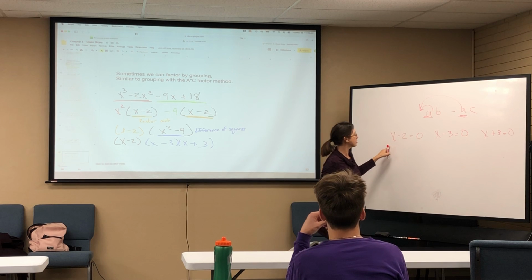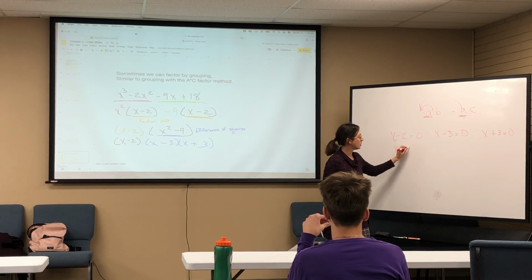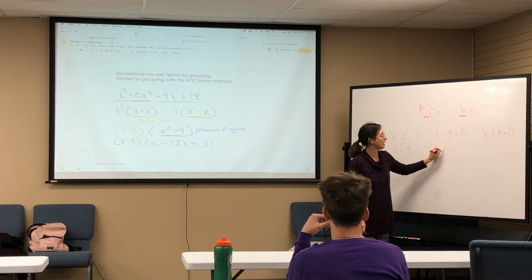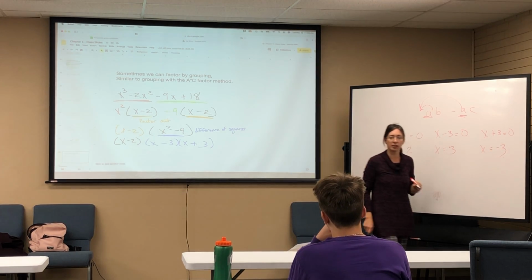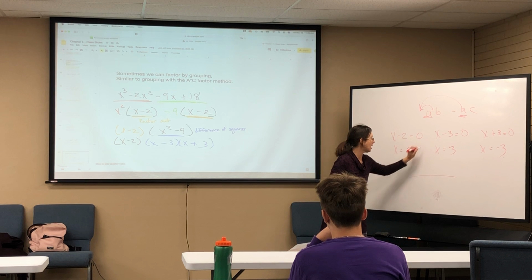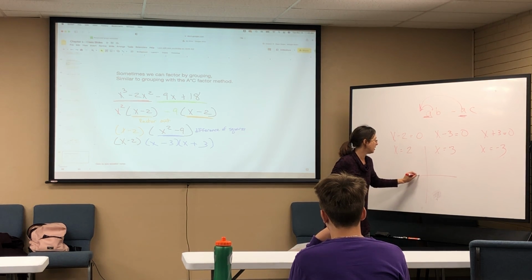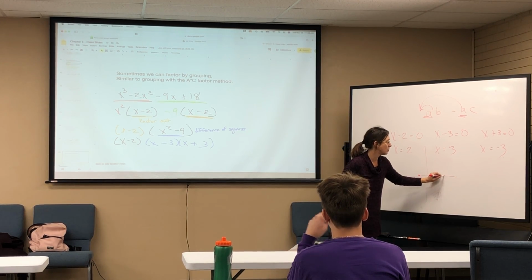Right? So for the first case, x is equal to 2. The second one, x is equal to 3. The third one, x is equal to negative 3. So if I had a graph, it would cross at negative 3, 2, and 3.